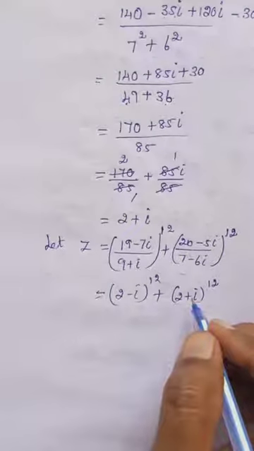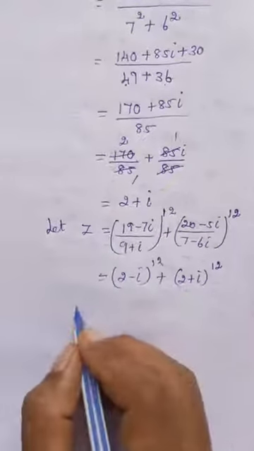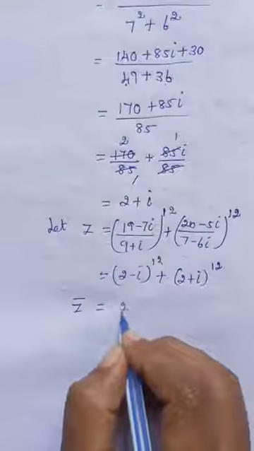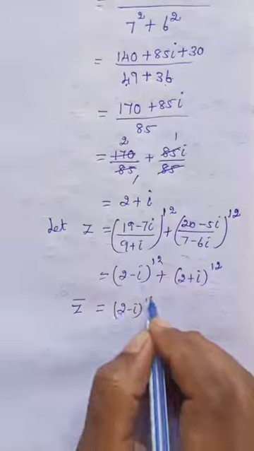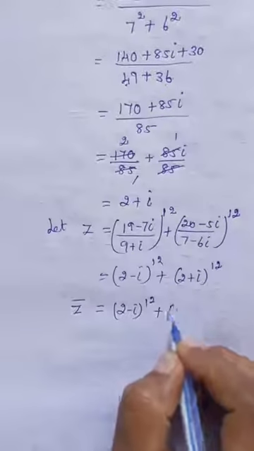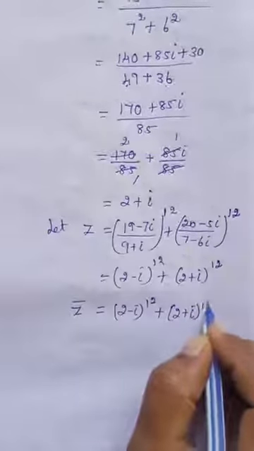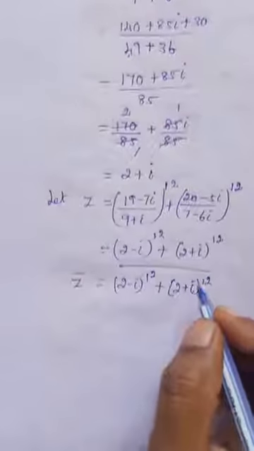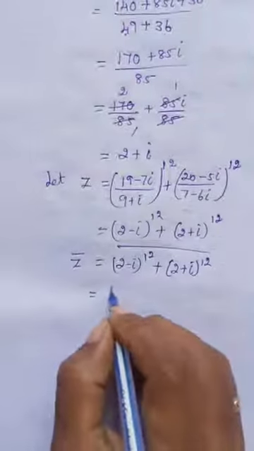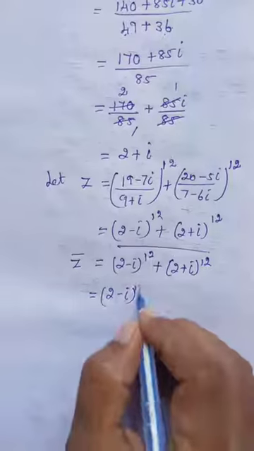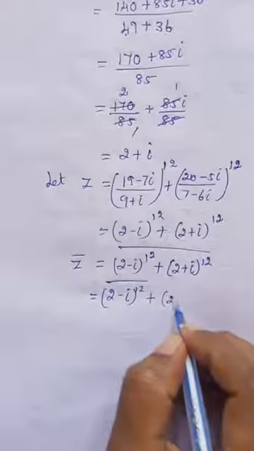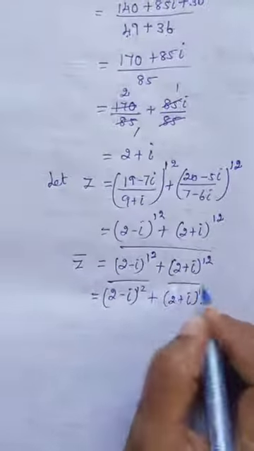Now we have to prove that Z bar is equal to Z, isn't it? So shall we find out Z bar? That is 2 minus i the whole power 12 plus 2 plus i the whole power 12, the whole bar. Now we can separate it: 2 minus i power 12 bar plus 2 plus i power 12 bar.